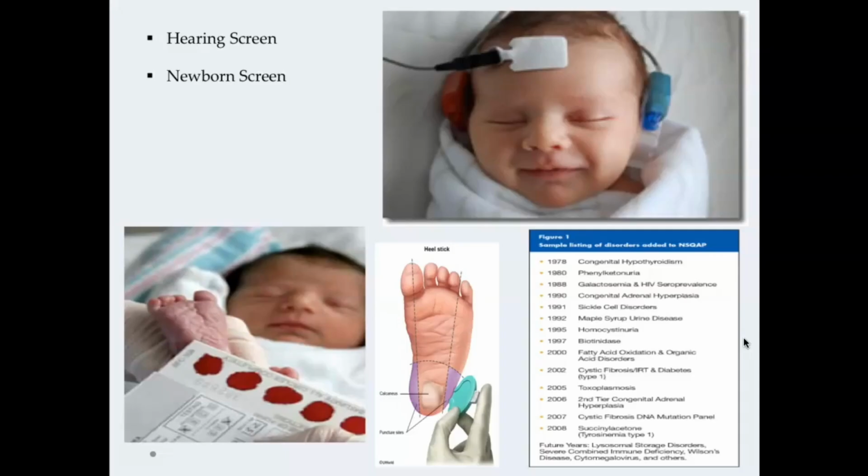There's a lot of different things that it can test for, and they add more and more tests all the time to their list. Like I said, they get one done in the hospital, and then they also get a repeat one done at their pediatrician's office. This is just showing the area that you would perform the heel stick on the newborn.